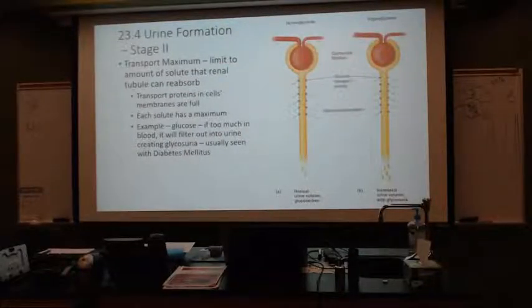A big disease that we have in the United States is diabetes. Yes, we have type 1, which is inherited, and type 2, usually due to lifestyle.